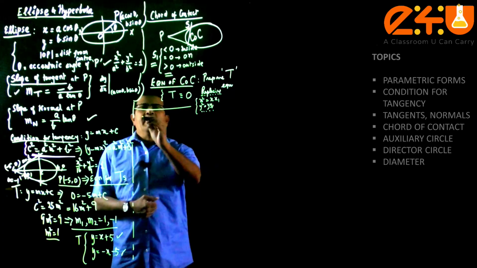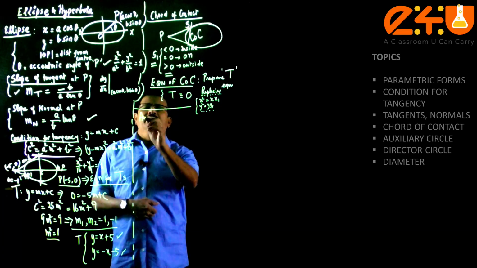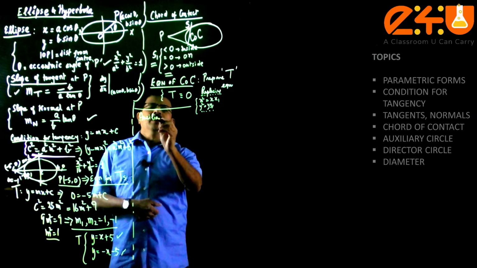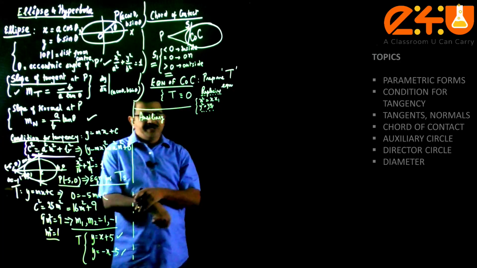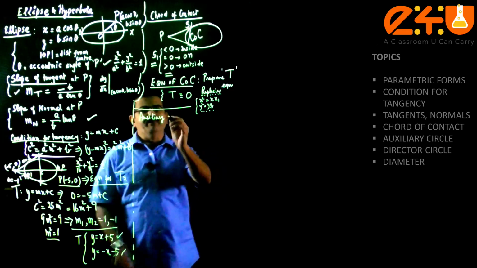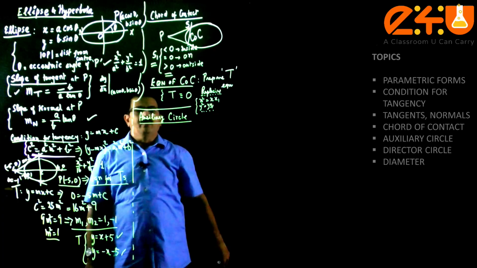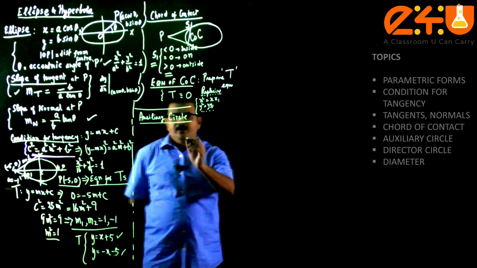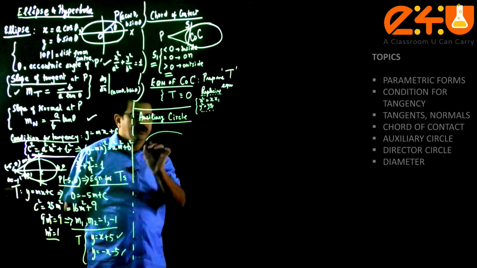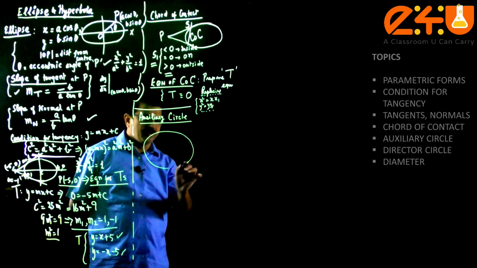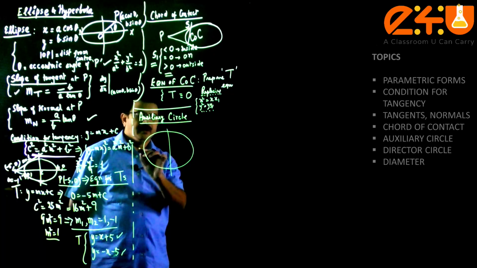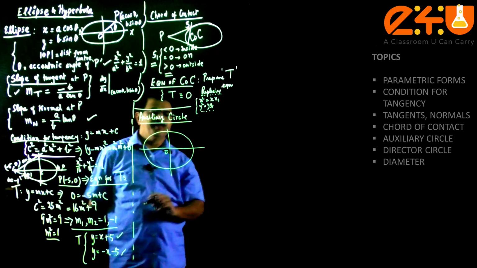Then we are here to understand the concept of two kinds of circles. The first one is the auxiliary circle. Once again, it is very much dependent on the geometry. So I produce the ellipse.